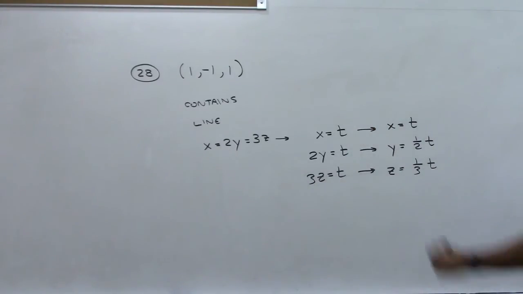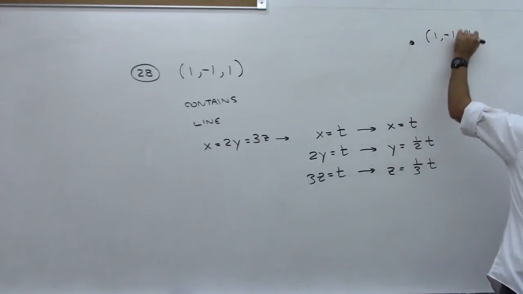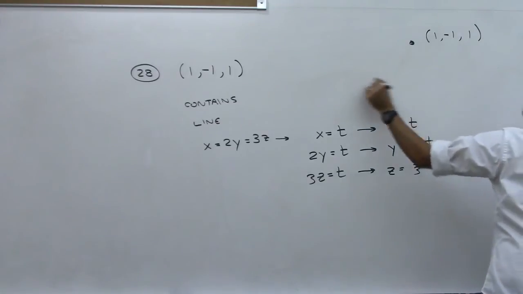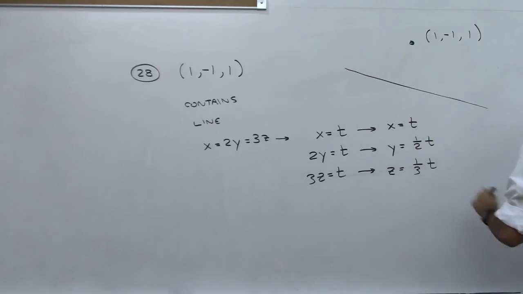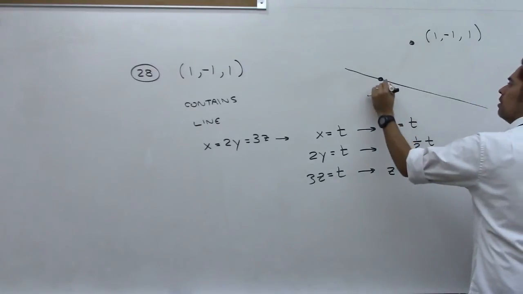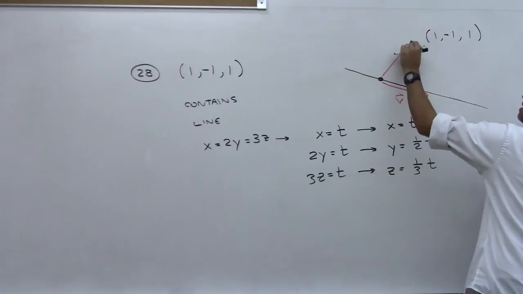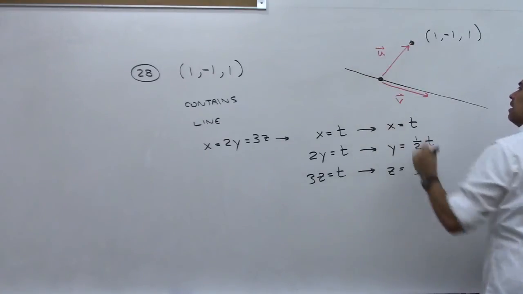And so when I have my point here, 1, -1, 1, and I have this line, I'm going to get my direction vector off of this, which we call v. I'm going to get a vector connecting these two, which we called u in the previous problem.